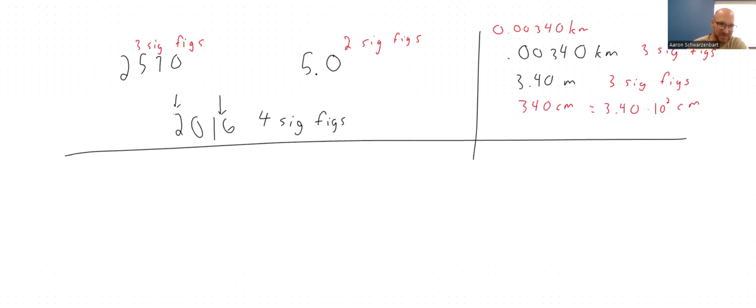Adding and subtracting have one rule. Multiplying and dividing have another. When you add and subtract, it's the least significant decimal place. So here's how it works.